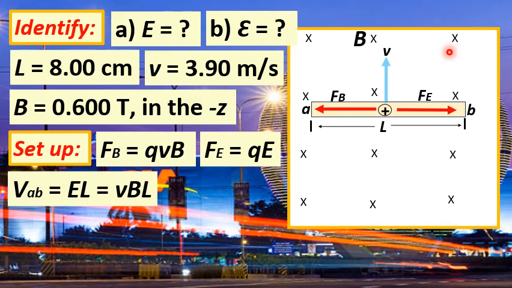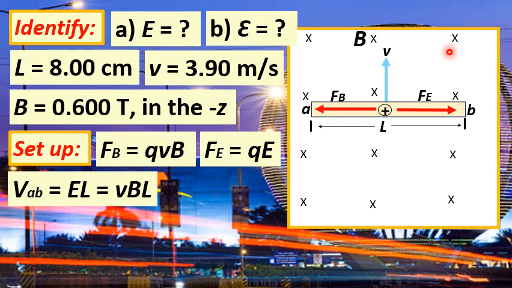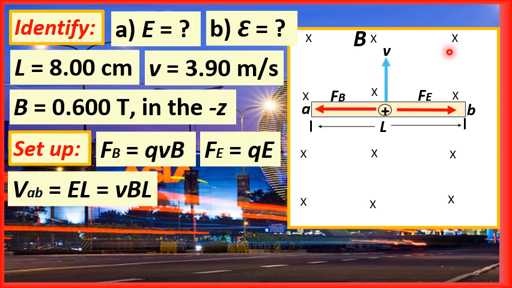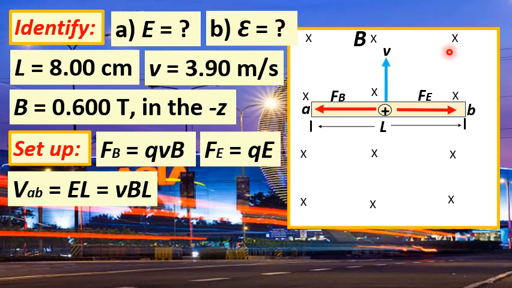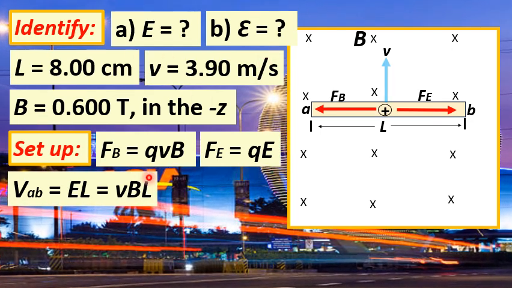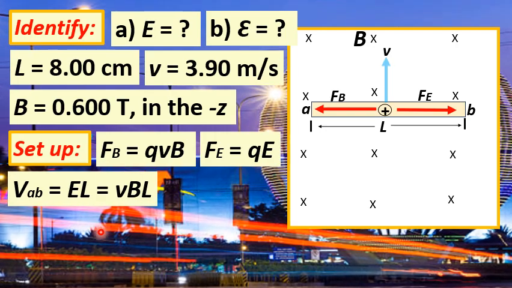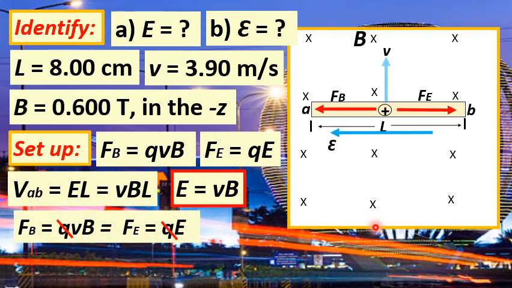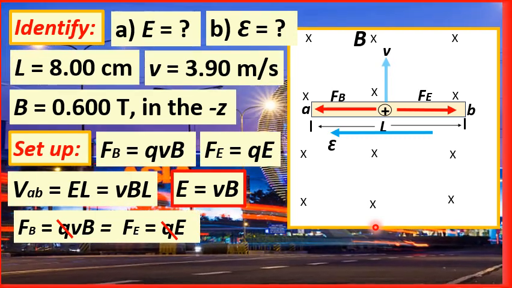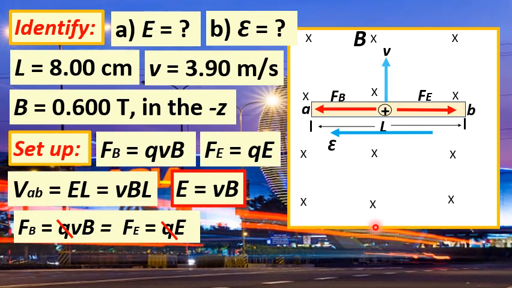And from what I said earlier, the electric field is just equal to the product of the speed of the rod, small letter v, and the magnetic field, capital B, with end A of the rod at higher potential compared to point B.